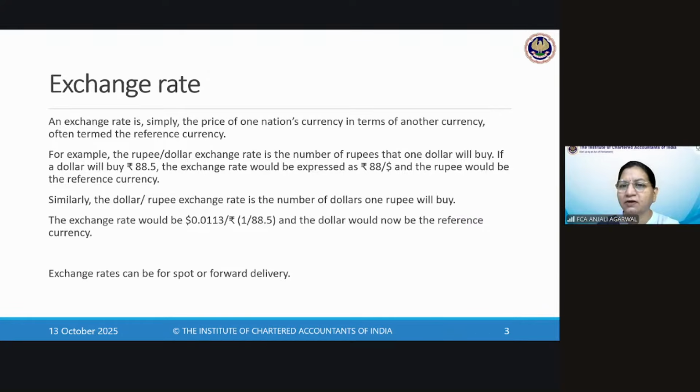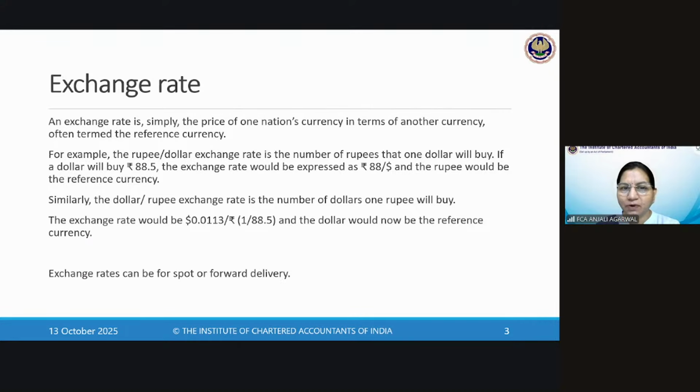Similarly, if I say that the dollar is 0.8 or 0.9, I might be using a different reference currency. I might be using a Great British Pound. I could be using the Euro, which are more in price than compared to US dollar. Therefore, the reference currency is now Euro or Great British Pound. So then the price of the dollar is less than 1.